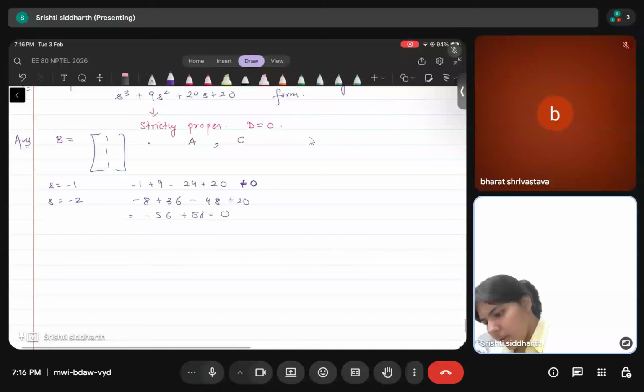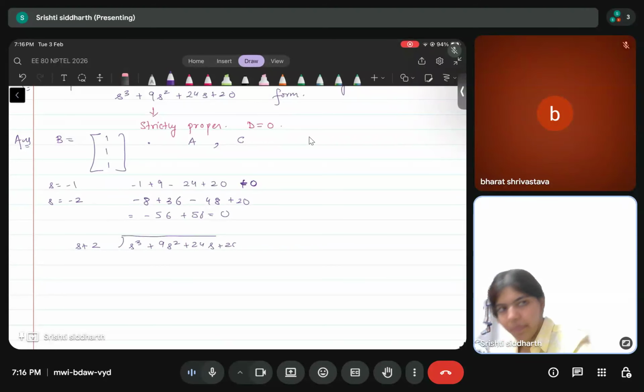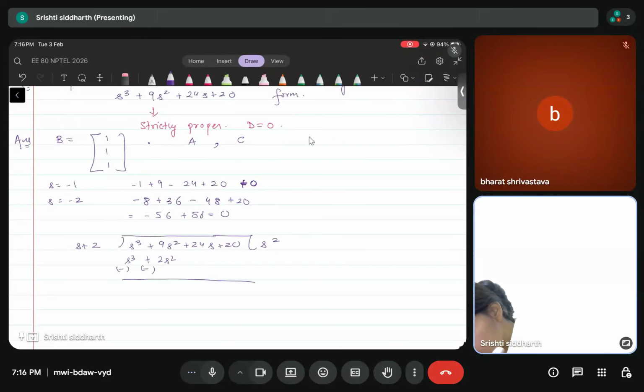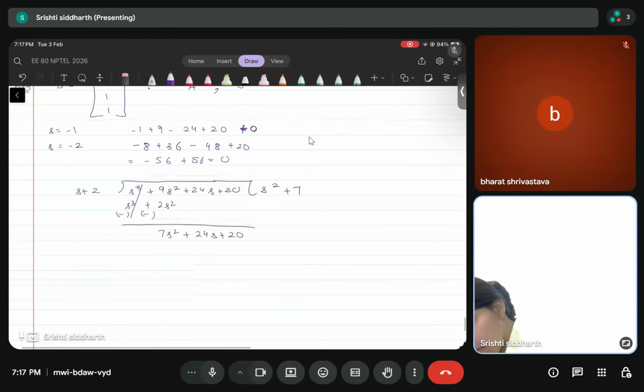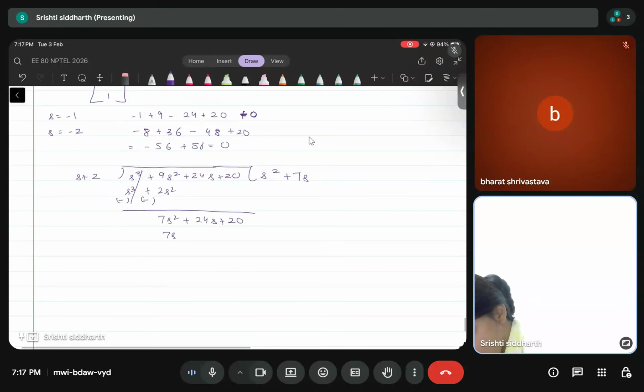So S plus 2 times S cube plus 9s squared plus 24s plus 20 divided out gives S squared plus 7S plus 10.